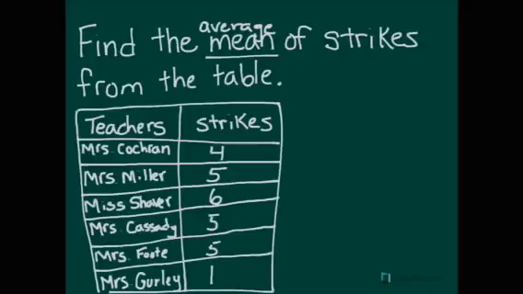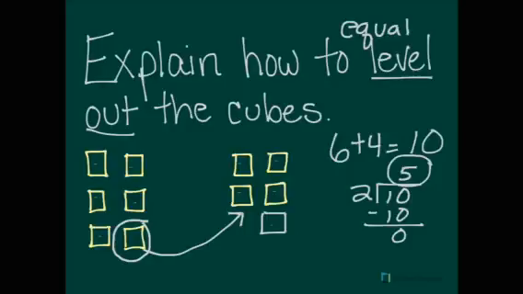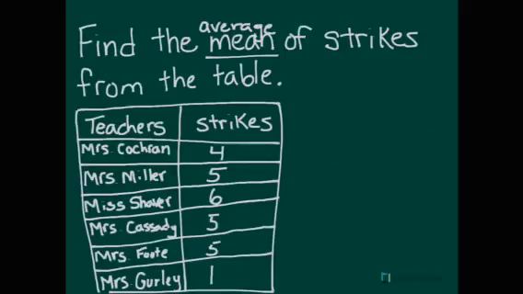To find the average, it's kind of like what we did back here with our cubes. We're going to add up all of our data, so here's our strikes, and then we're going to divide by the number of data, number of numbers. So I'm going to go ahead and look at my data set, and I know 5 plus 5 plus 5 is 15.